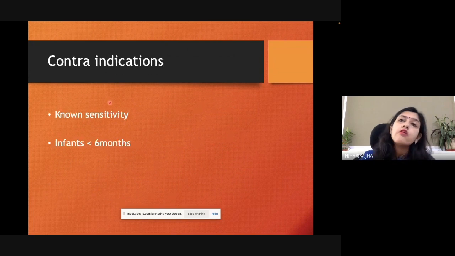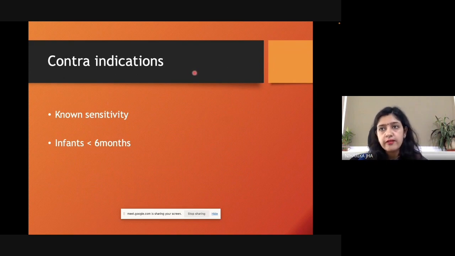Sunscreens cannot be used in certain conditions. For example, if a patient is known to be sensitive to sunscreen, yes, there are patients like that. In fact, it can sometimes induce photosensitivity as well. In those patients, sunscreen should not be prescribed and should be avoided. Also in infants less than 6 months.